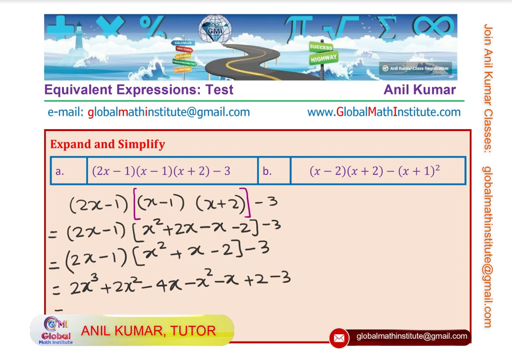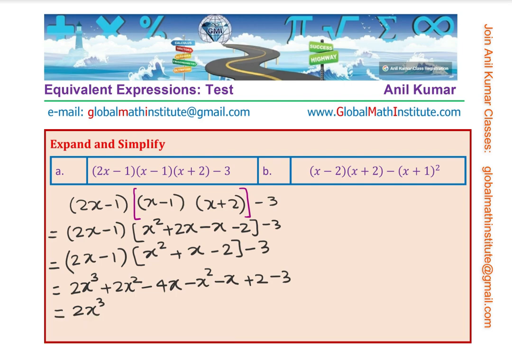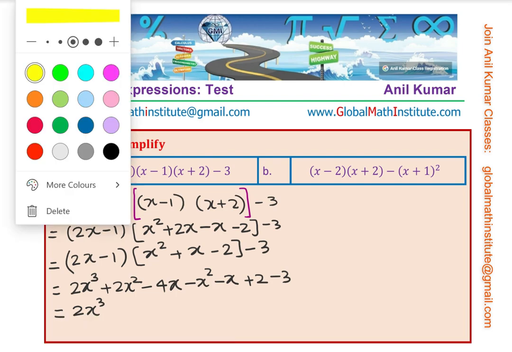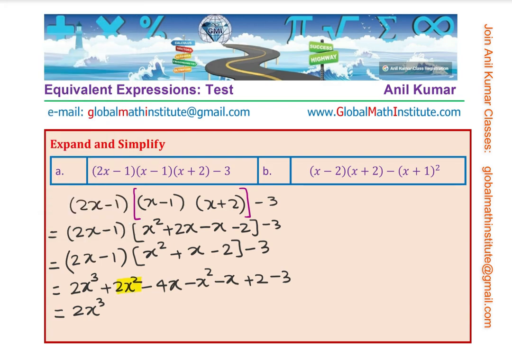Now it is time to combine the like terms once again. So you get 2x cubed. Now the x squared terms: 2x squared minus x squared. So identify the like terms. Once you identify the like terms, it becomes slightly simpler. So I have identified them, and now I'm going to write down. 2x squared minus x squared gives me plus x squared.